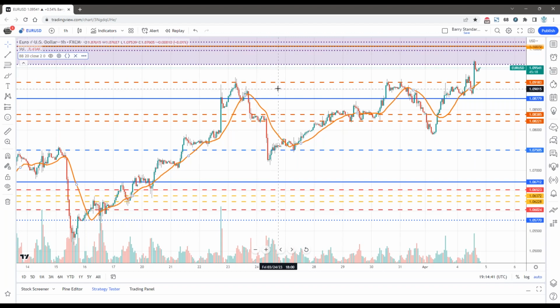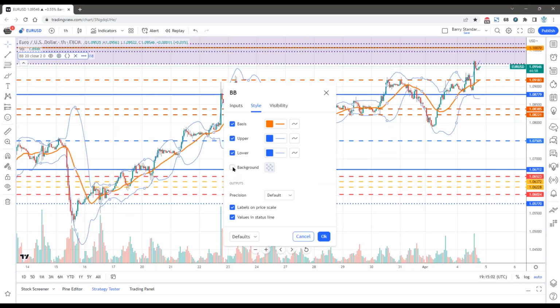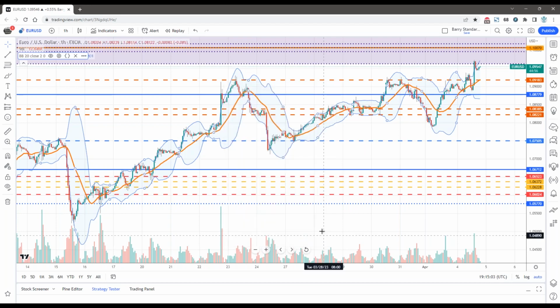And this envelope is based on a calculation called standard deviation, and the upper and the lower band of the Bollinger Bands is set at 2 standard deviations from the 20-period moving average. So what we have is the upper band and the lower band. These upper and lower bands are 2 standard deviations from the moving average line. Okay. Now we'll talk about standard deviation in a second.